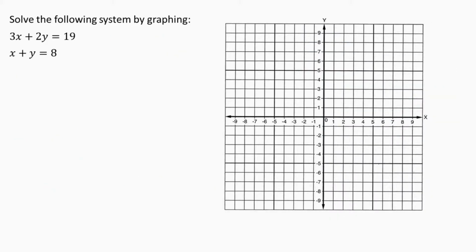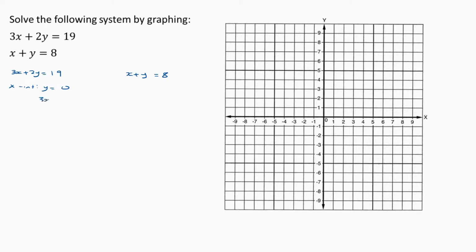Now we have another one to draw. So we have 3x plus 2y equal to 19, and here we have x plus y equal to 8. So 3x plus 2y, look at the x-intercept, so y equal to 0.